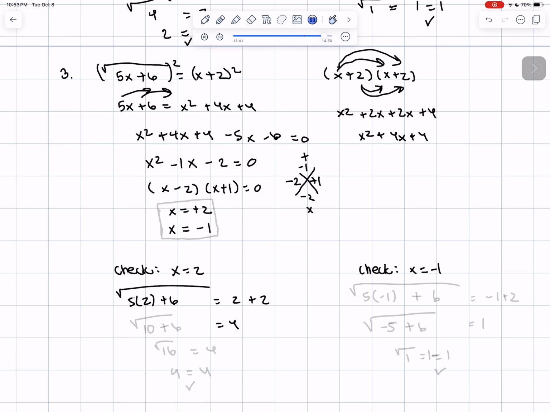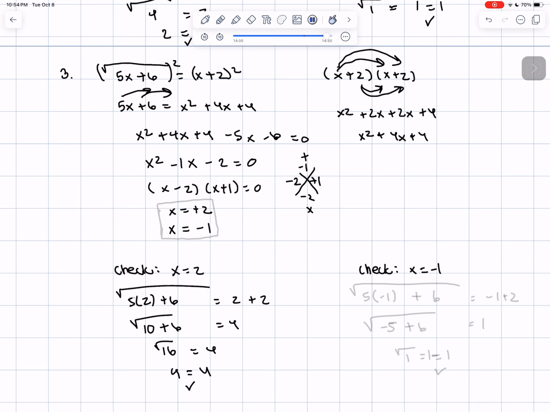Two plus 2 is 4. 10 plus 6 gives me 16. Square root of 16 is 4. So we know this is going to work. So check mark. I was trying to make it not true.